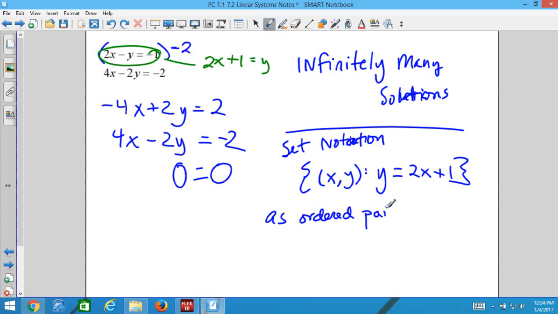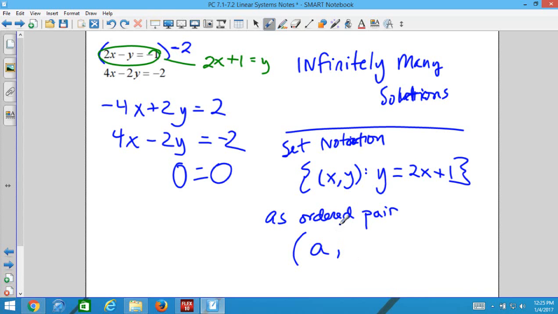That's not how the book writes the answers, so let me show you the way the book's writing the answers, so when you look at it, you're like, oh, okay, I get it. The book writes the answers as an ordered pair. They plug in a for x, and then they find what y equals when x is a number, any number a. So it doesn't matter which equation it is, because they're the exact same.